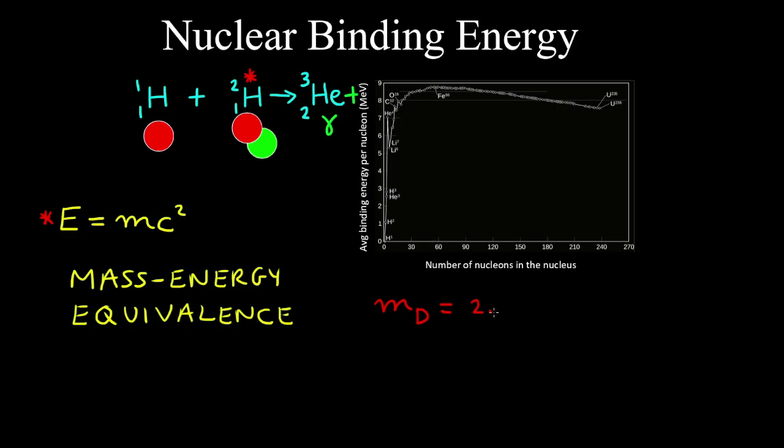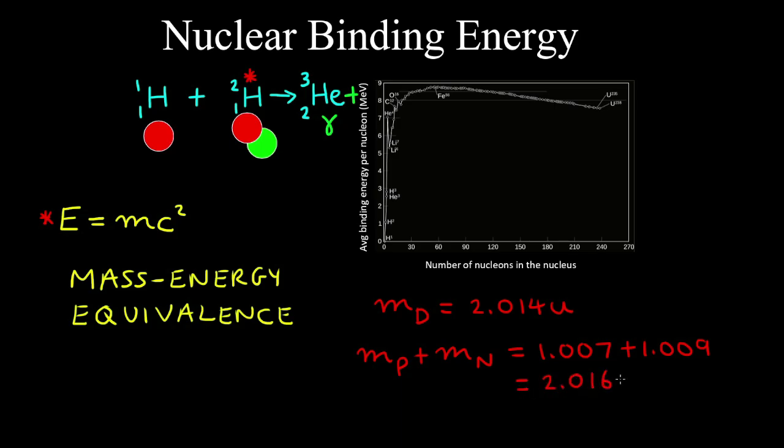So that's measured to be 2.014 atomic mass units using mass spectrometry, and noting that the mass of a proton plus the mass of a neutron in its nucleus is equal to 1.007 atomic mass units plus 1.009 atomic mass units. So the mass of a proton plus the mass of a neutron is actually slightly higher at 2.016 atomic mass units.